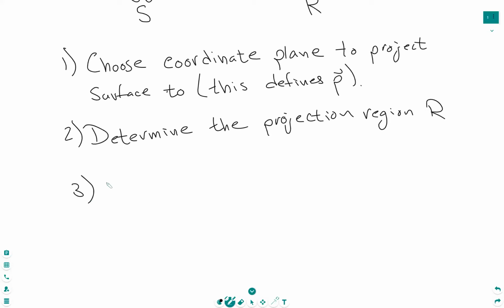Step 3, compute the magnitude of the gradient of g and the magnitude of the dot product between the gradient of g and that p vector.